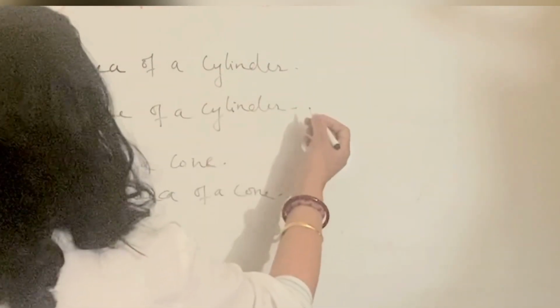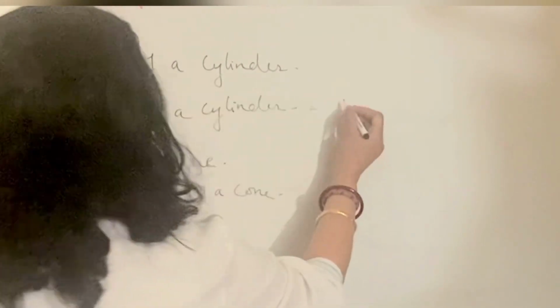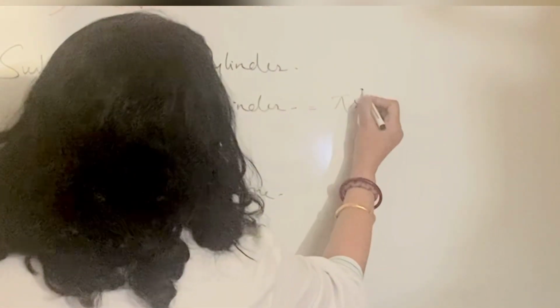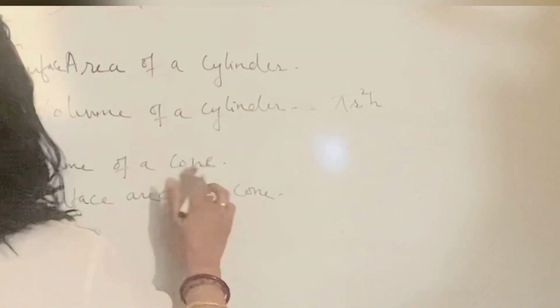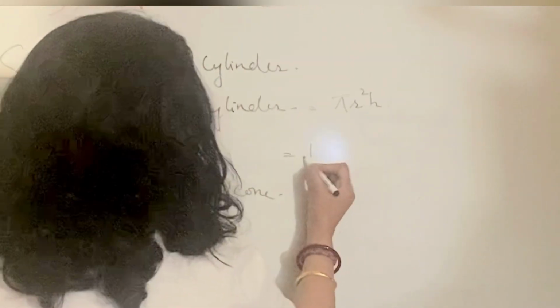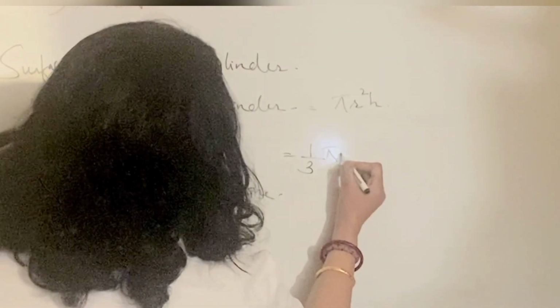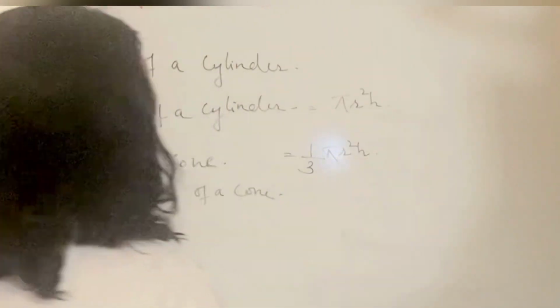Now volume of a cylinder was pi r square h. Volume of a cone is 1/3 pi r square h.